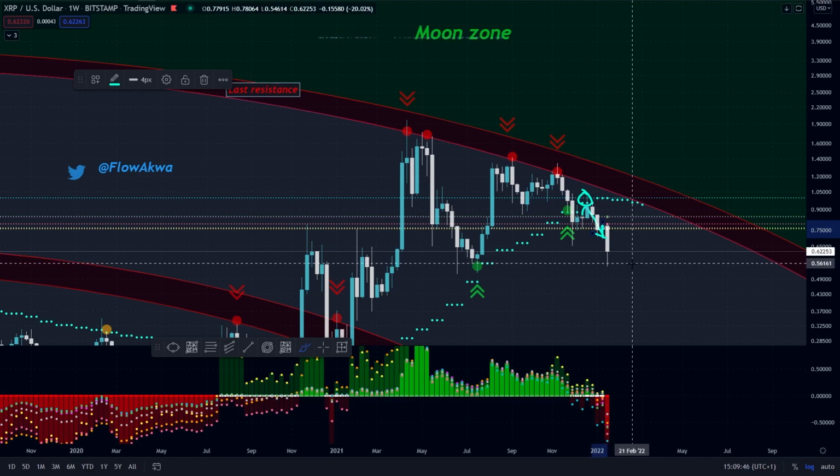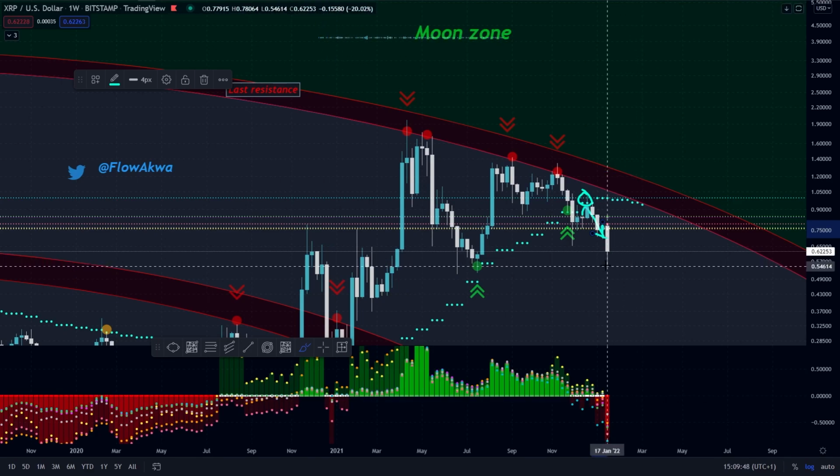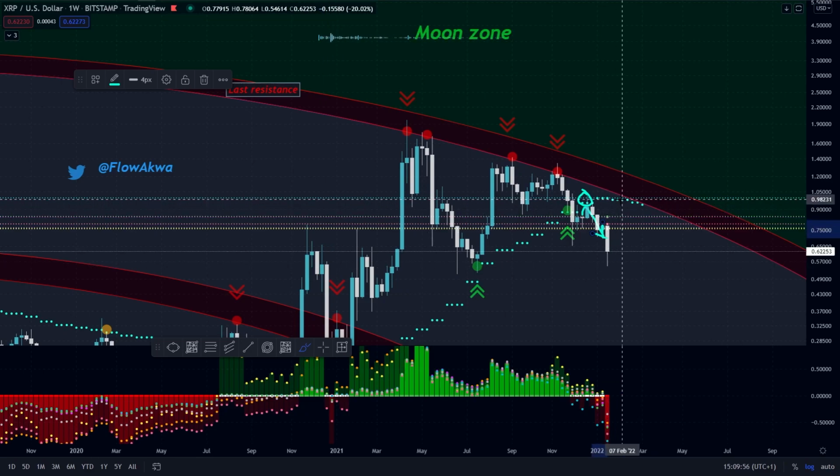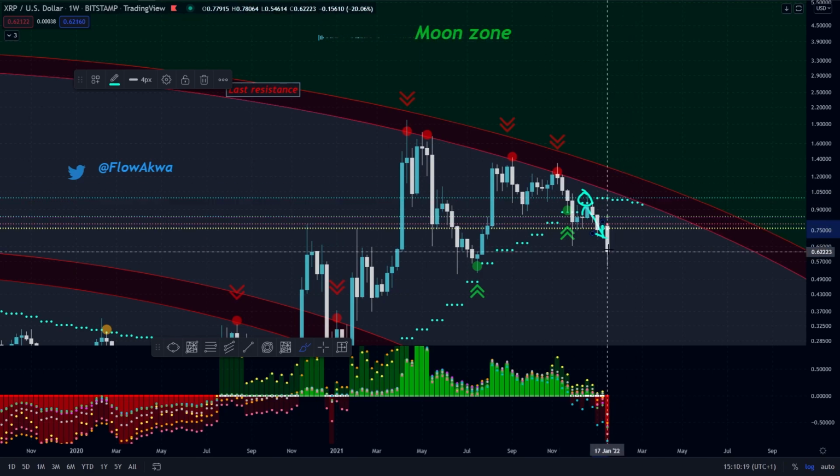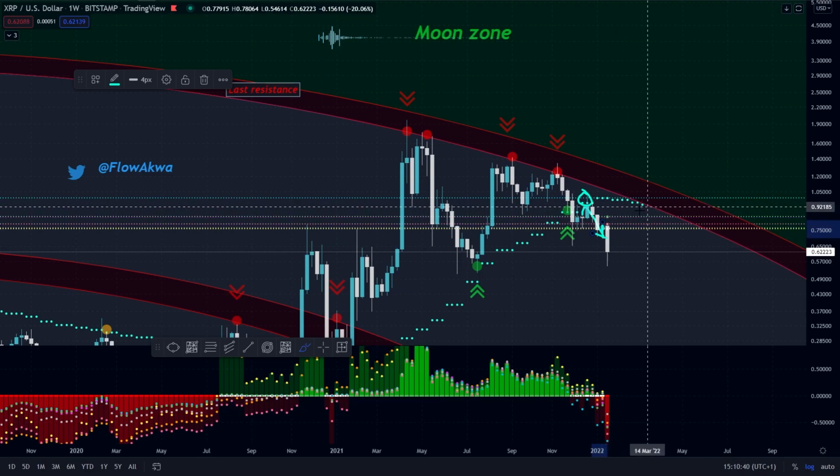So from the last chart, we know that we touched here with the wick a strong area of support, but at the same time, now we have a lot of resistances above us. For all of these reasons, I think that XRP is pretty bearish, and if we want to go up, we first have to have a battle with all these levels, and that's why it will be pretty difficult.